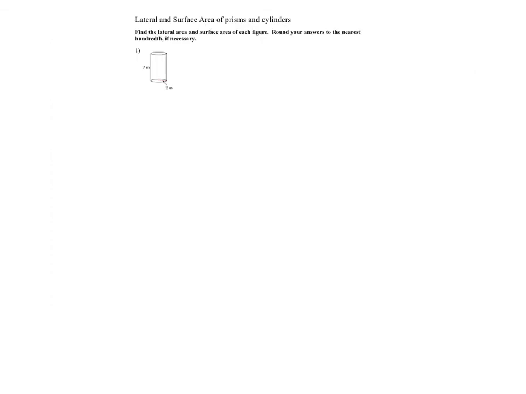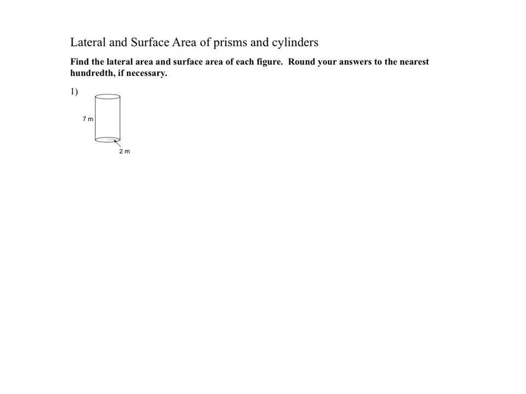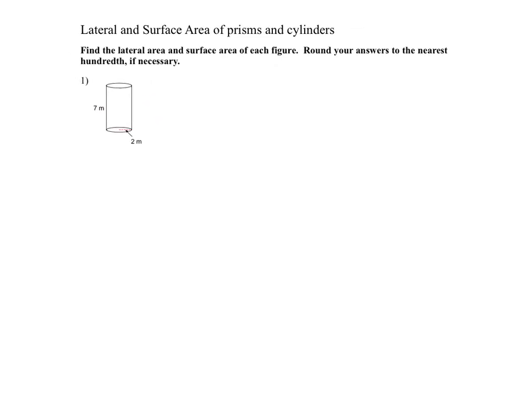Find the lateral area and surface area of each, rounding your answer to the nearest hundredth if necessary. So again, I'm going to start by finding the circumference of the base. In this case, it is 2 times pi times 2, so it's 4 pi. We're going to keep it like that till the end.